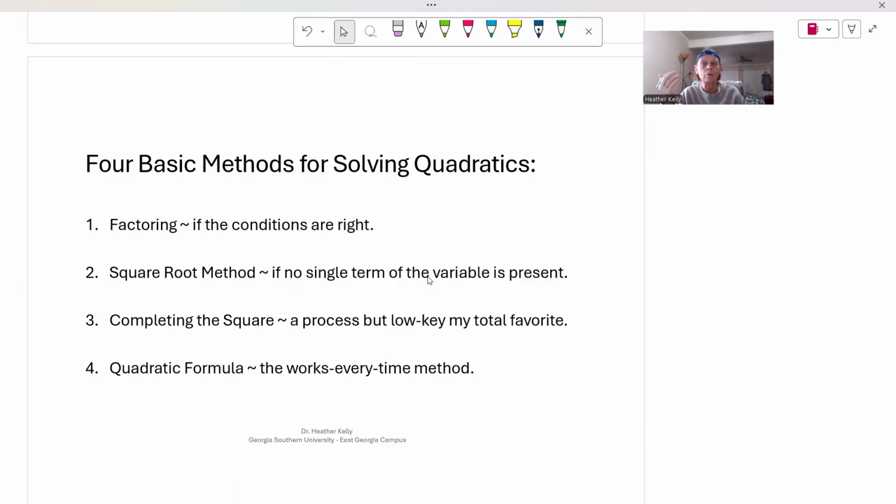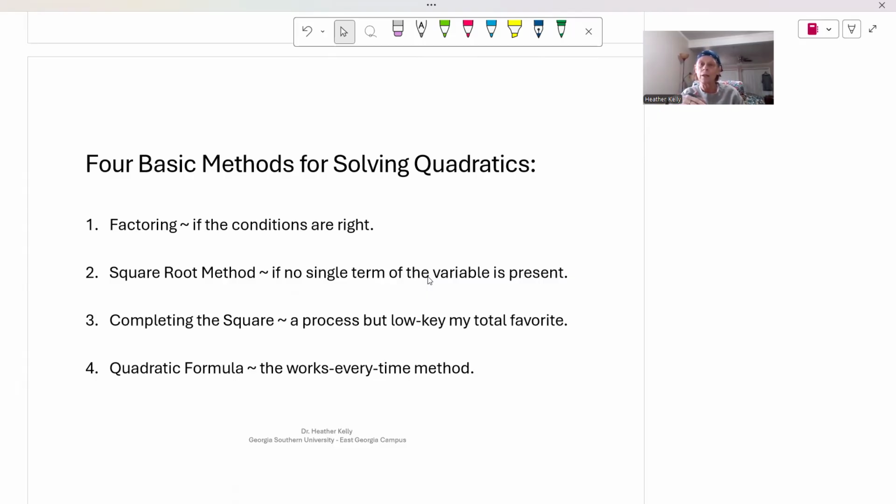There's also the square root method, and I'm sure that you've used this. This is what you can do when there's no single term where all the variables in the equation are of a power of 2 or 4 or something to that effect. There's also completing the square, which is a technique that you'll use in the future, more like at the end of your Cal 1 and definitely in your Calculus 2 class.